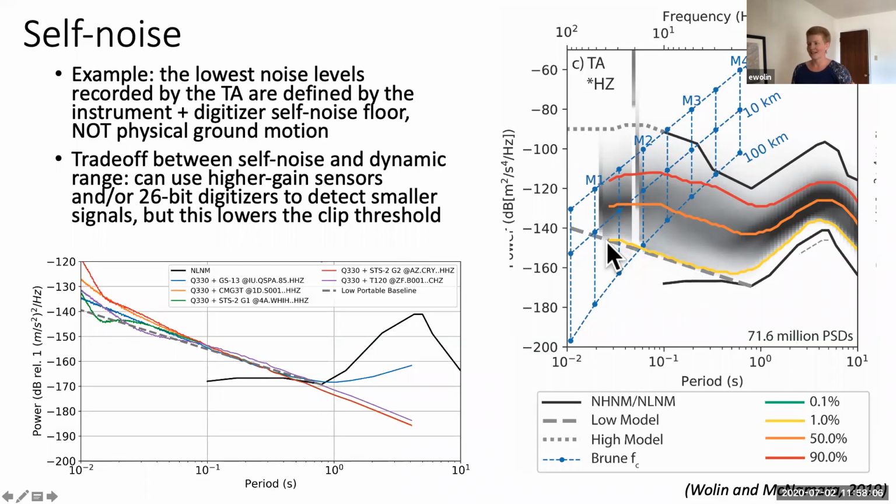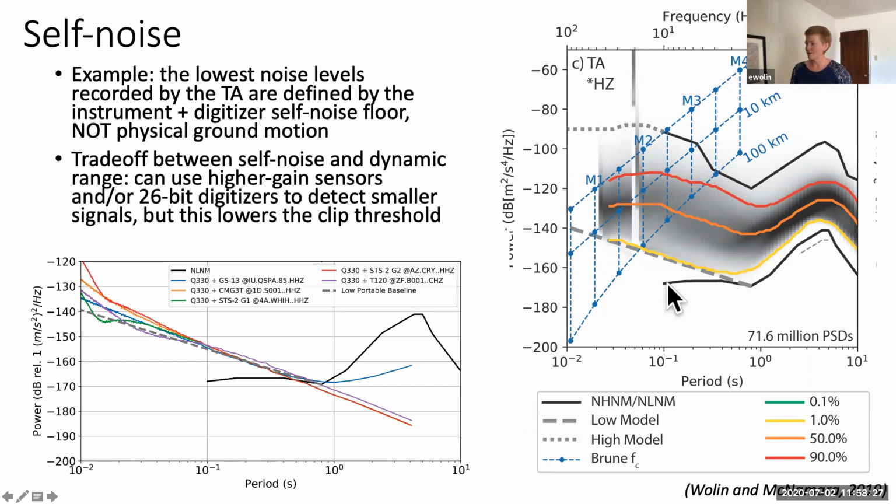So this is not reflecting something physical about the Earth, saying, oh, this is the lowest noise that can possibly be recorded. It's saying, this is the smallest signal that I can resolve based on the limitations of the equipment that I am using. So that's important. If you wanted to record smaller signals, you could install different instrumentation.